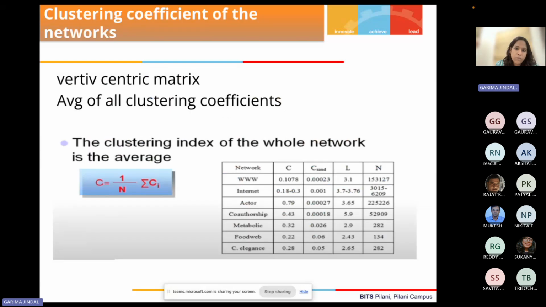Suppose I have two researchers, and there are a lot of common people with whom these two researchers have collaborated. Then the probability of these two researchers collaborating with each other increases. There is a very high probability that they will collaborate. Similarly, there are other interesting networks like the actor network and so on. So we can see that all the social networks tend to have a high clustering coefficient.